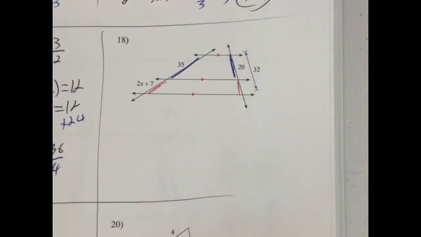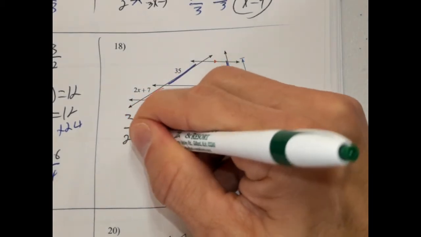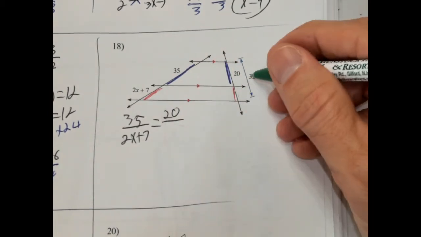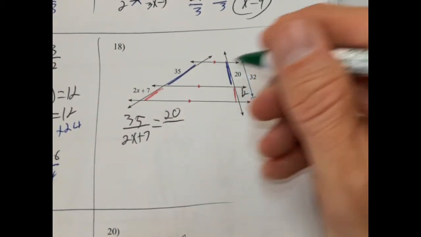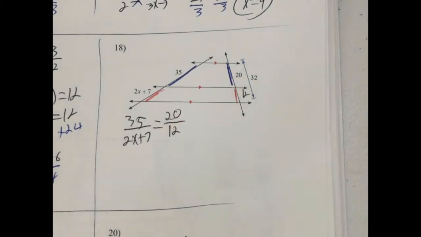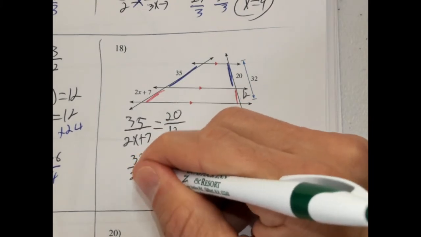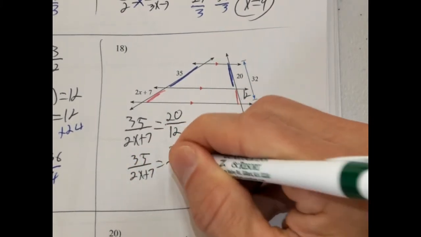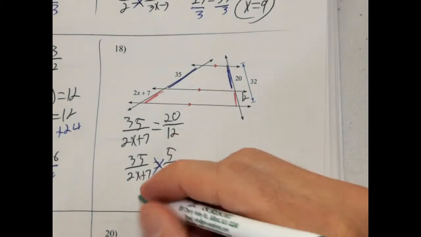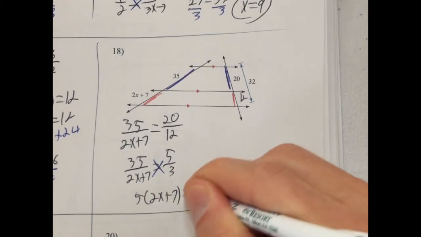Blue over red is going to be equal to blue over red. All right, so we're going to go with 35 over 2x plus 7 equals 20 over this, which we don't know, but we know 32 take away 20 is 12, so that'd be 12. I'm going to simplify that, divide those both by 4. So 35 over 2x plus 7 is going to equal 5 over 3. And now we're going to cross multiply. So 5 parentheses 2x plus 7 equals 3 times 35.